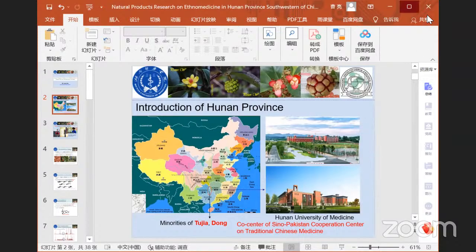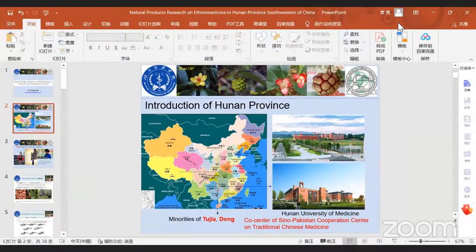So this is Hunan province, and in the west of Hunan province, there are a lot of minority people living in this place. Among Guizhou, Guangxi, and Hunan province, the Tujia and the Dong minority populations are in the top 10 in China.